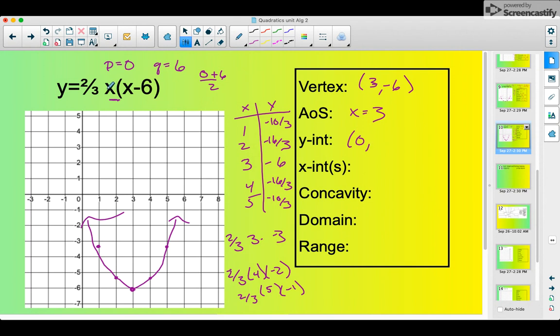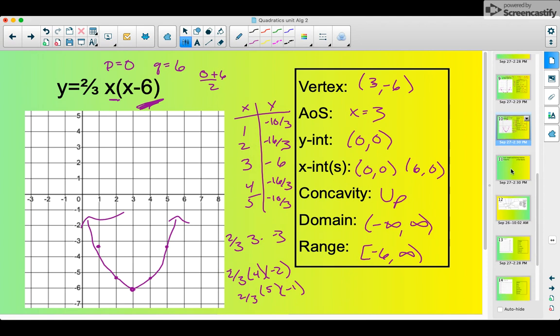So if I plug in 0, I have 2/3 times 0 times negative 6, so no matter what, it works out to 0. Conveniently, that's one of our x-intercepts. Now the other one we would have to find, which is not on our table, but like we said, this is always our x-intercept, so the other one is at 6, 0. Concavity is up. Domain, same as always, all real numbers. And your range will go from negative 6 to positive infinity.